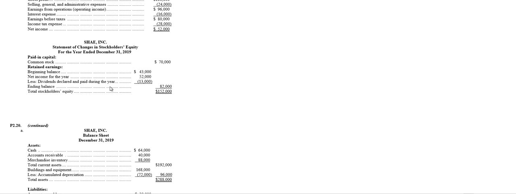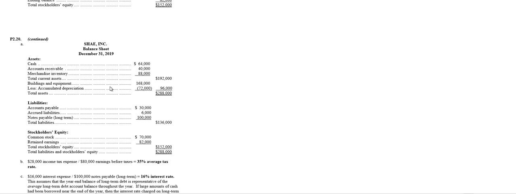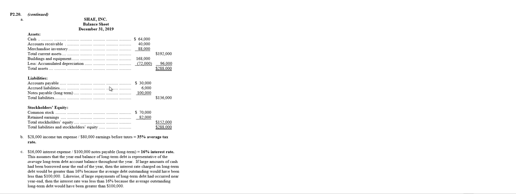And then I'm going to scroll down to the balance sheet for Shea. What I hope now is that you have taken the numbers that are in the book, which is just a listing of accounts with some amounts in them, and they're asking you to put these amounts into the different financial statements. And so you'll know where they go.